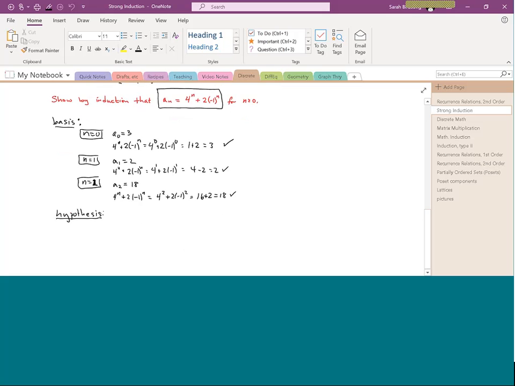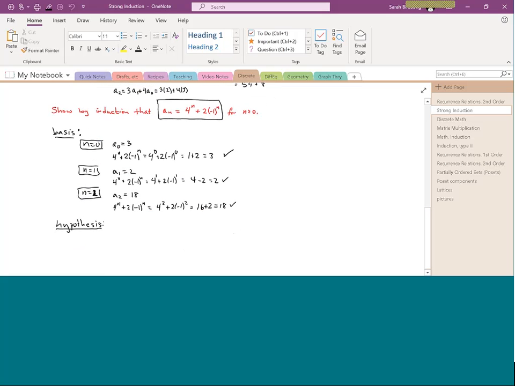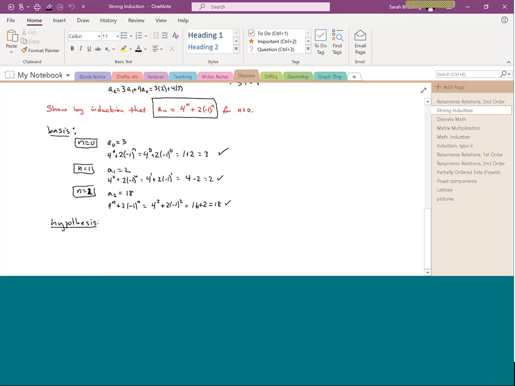Now we're ready to go ahead and look at the hypothesis step. Don't overthink it. The hypothesis step is almost the same as before. We're going to assume this works when n equals k. But now, here's a new thing. It's also supposed to work for every value of n smaller than k.